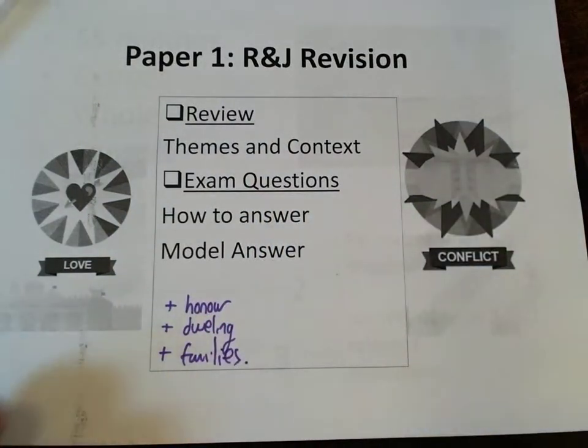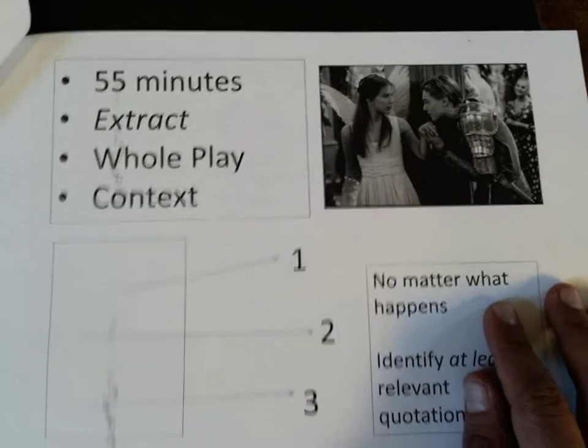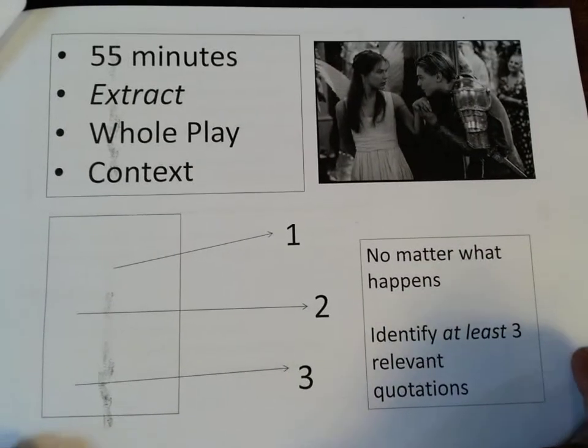And it's not just about one sentence. It's about understanding and explaining the context and then applying it to the question. Just like with Jekyll and Hyde, it's all about making the context relevant to help your analysis, to help your argument forward.